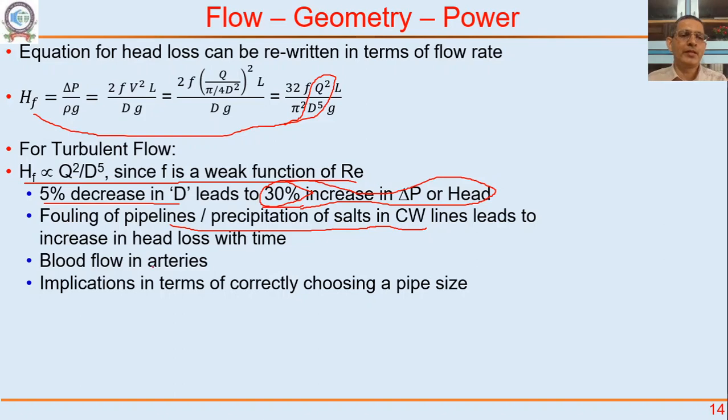Another implication is in terms of blood flow in arteries. If you eat too much junk food, what happens to the artery? There is a coating, a cholesterol lining, and the diameter reduces. So even if diameter reduces by 5%, a small reduction, it requires 30% more head in order to overcome friction.